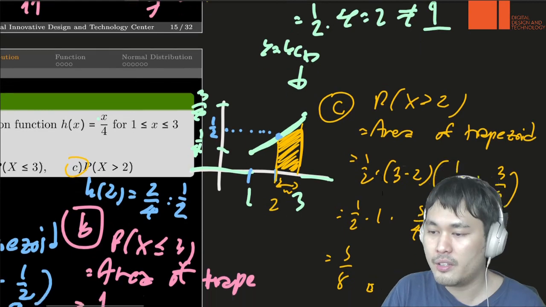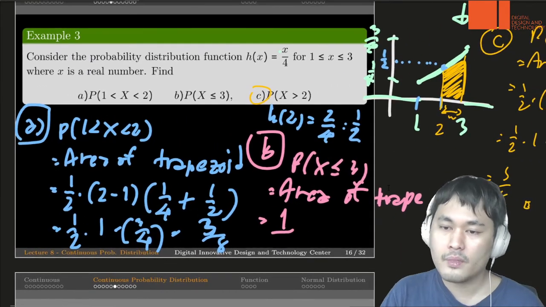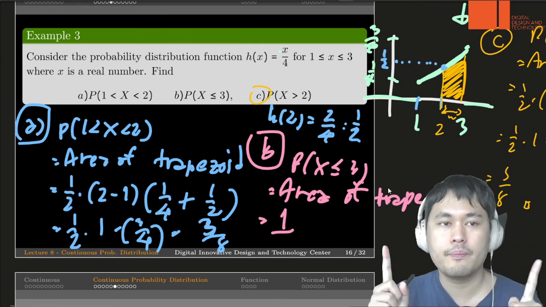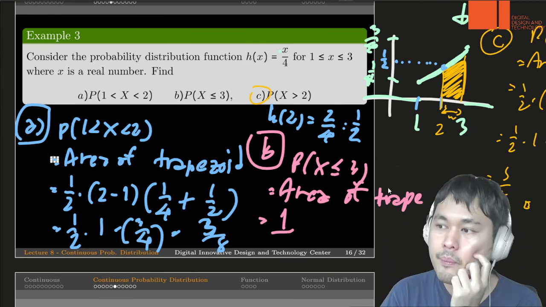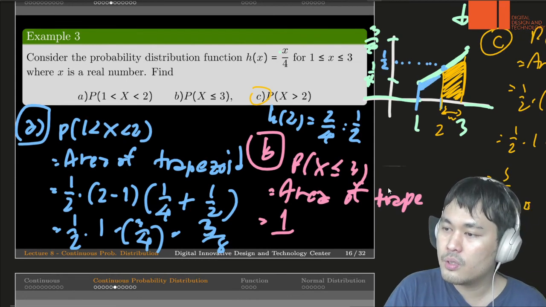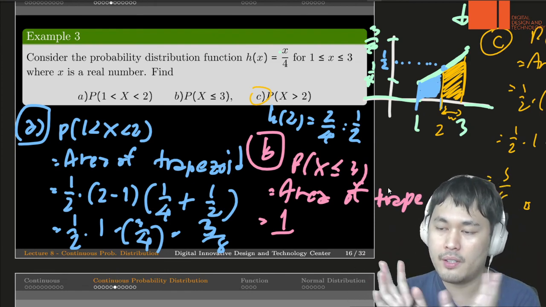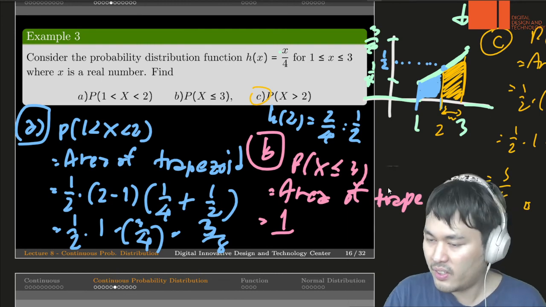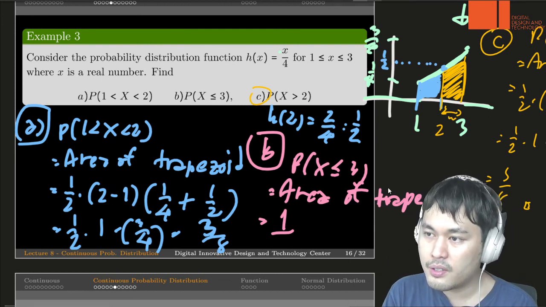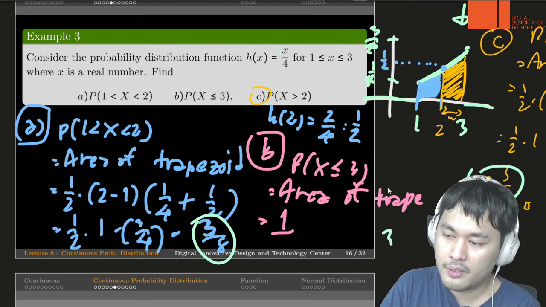Which makes sense in two ways. First, it is less than or equal to 1. Second, if you compare A, the blue one, and C, the orange one, and add these two areas up, you get the whole thing, and the numbers add up to 1: 3/8 plus 5/8 is 1.